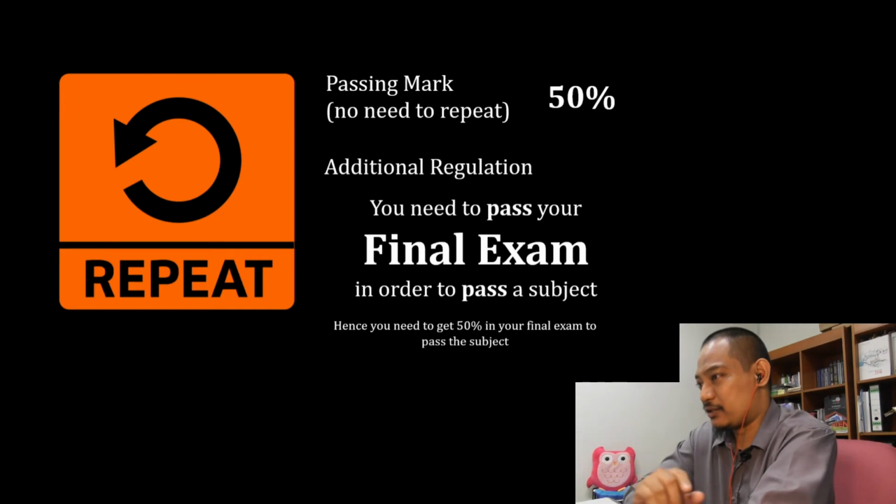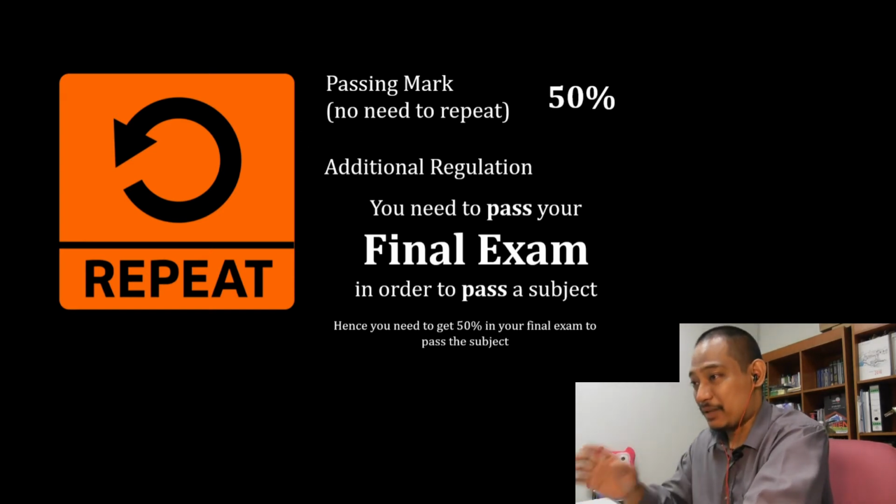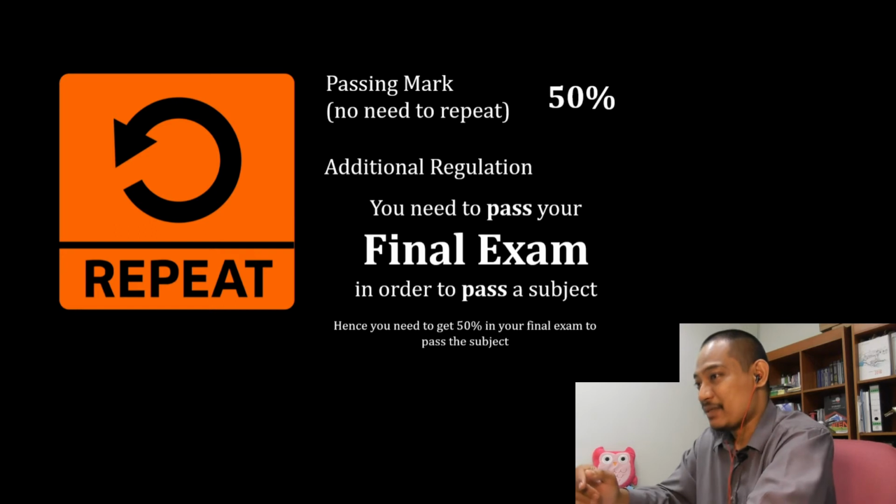Before this additional regulation, anyone who had a good carry mark, even though they got quite a bad mark in the exam, still could pass, because when you add together, if you get more than 50%, you can pass, right? But with this added regulation, whatever your carry mark, even if you get 100% carry mark, if you fail the final exam, you will fail.